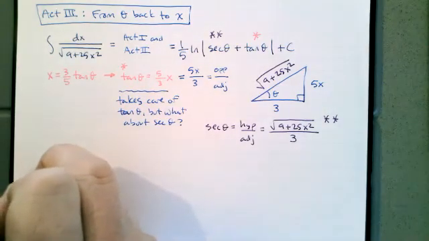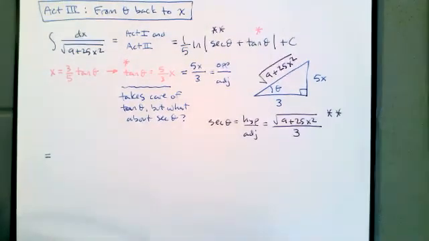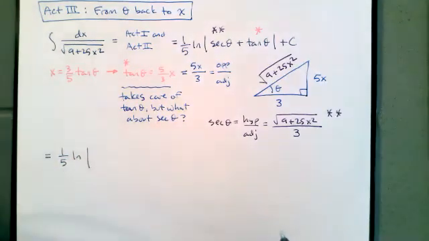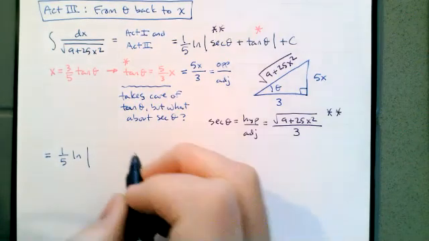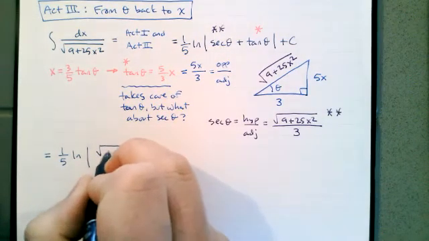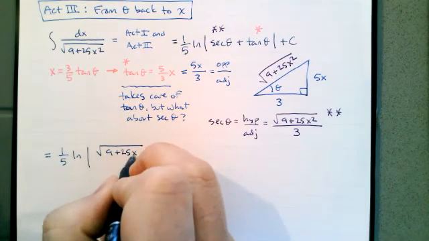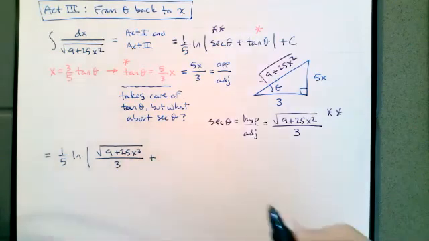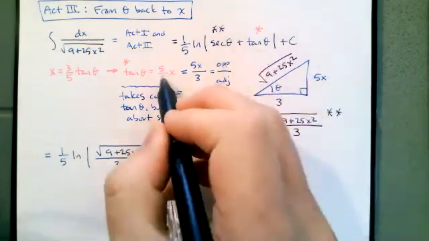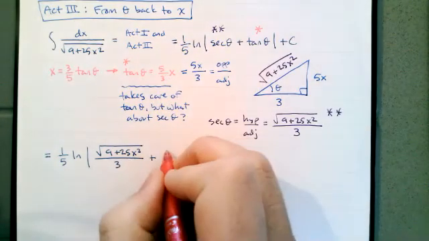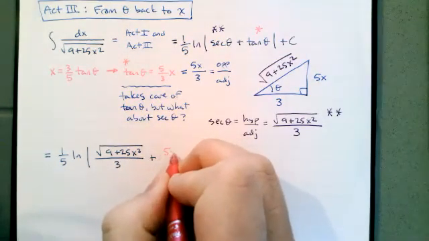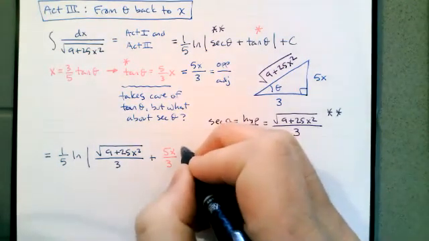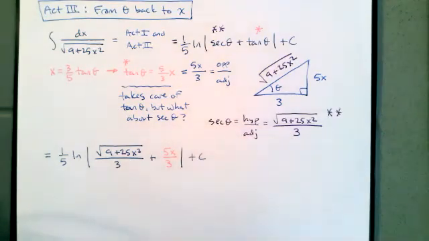So our final answer is going to be 1/5 the natural log of the absolute value of the square root of 9 plus 25x squared plus the tangent of theta, which is 5/3 x, plus c.